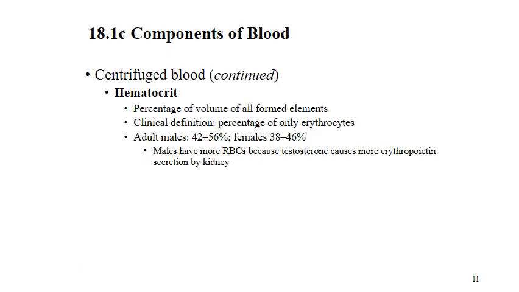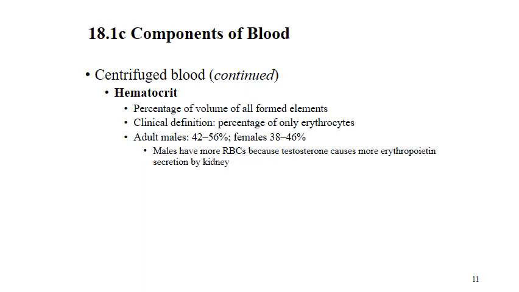The other part with centrifuged blood is talking about hematocrit. This is the percentage of volume of all formed elements. So the clinical definition is the percentage of only erythrocytes. So if someone says, here, your hematocrit is this, it's just telling you the percentage of erythrocytes in your centrifuged blood.